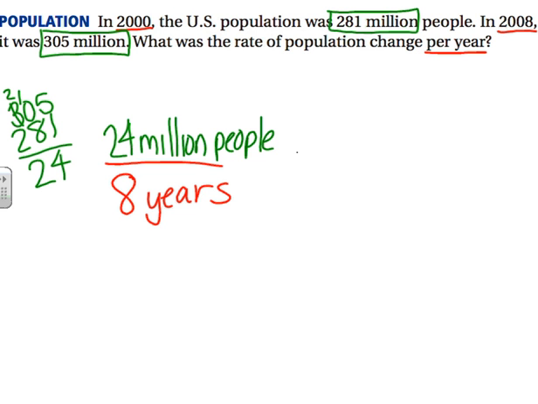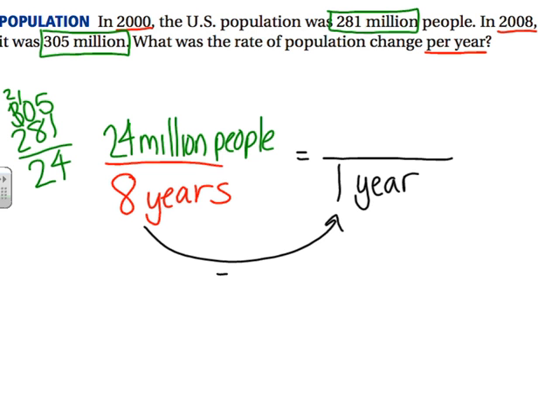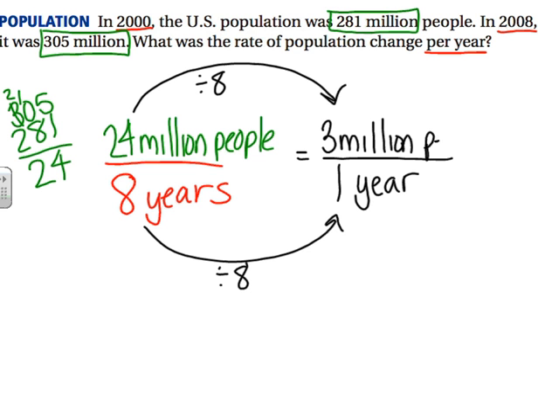Okay, now to find my unit rate, I want to know how many people that would be per year. So I'm going to divide by 8. 24 divided by 8 is 3. So 24 million divided by 8 is 3 million. So that is a change of 3 million people per year.